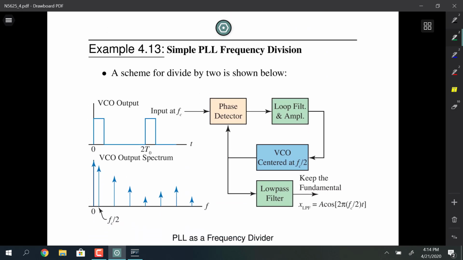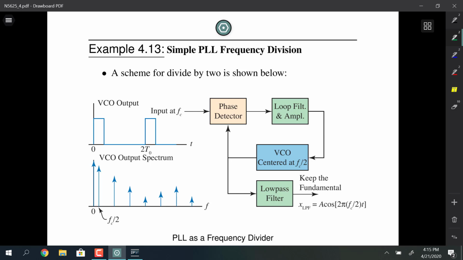You could use it as a frequency divider if you put in a pulse train. In this case, you're going to rely on the pulse train's fundamental being at half the desired frequency, and then the second harmonic comes out of the pulse train, and wait a minute.